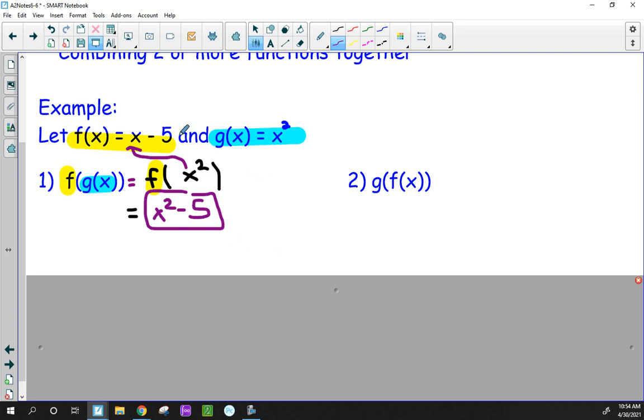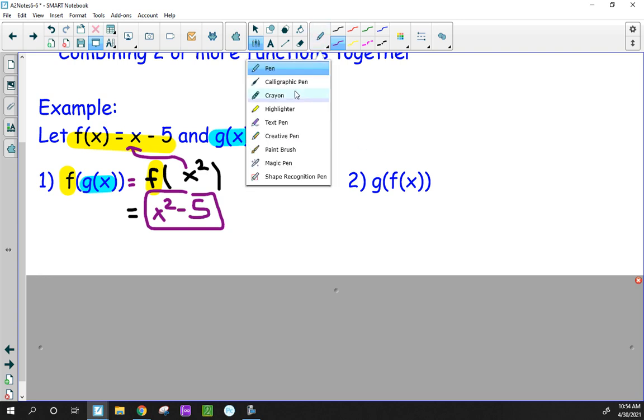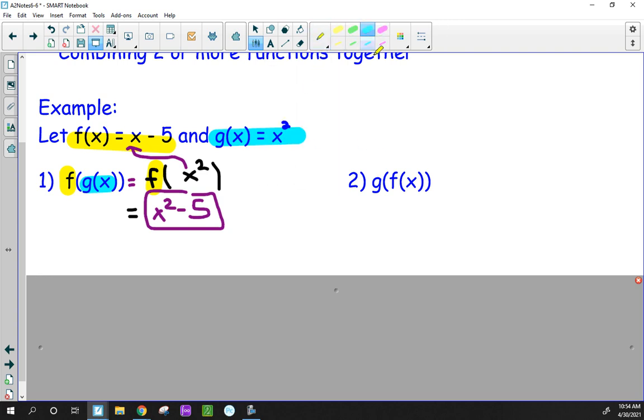Okay, now we're going to use the same two functions, but look at question 2. I have switched the order of the name. I put the g function in front and the f function on the inside. Please notice the notation because, again, I'm going to be really picky on how you write this down. You have to, whatever the letter is in front, you must write in your first step.